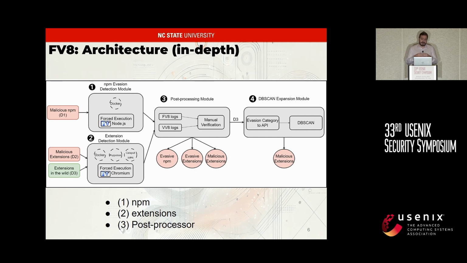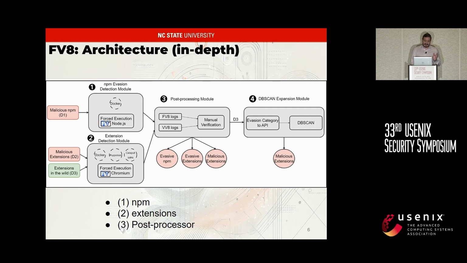We also have a post-processing module that takes what we force execute, analyzes it, and automatically flags the evasion and the malicious code. Finally, we also have the DBSCAN clustering, which can give us additional evasions in cases where the API is obfuscated, but the condition is not.